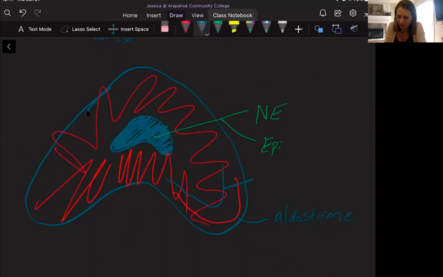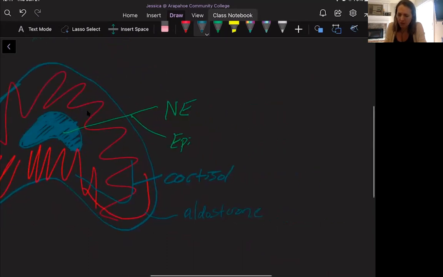Okay, I know cortisol comes from this gland. And when I think of cortisol, I think of stress. Write that down, get it in there. The other thing you want to think about with cortisol is sugar. So cortisol raises glucose levels. So when I do the blood sugar sex magic mnemonic, cortisol is the one that's associated with sugar.